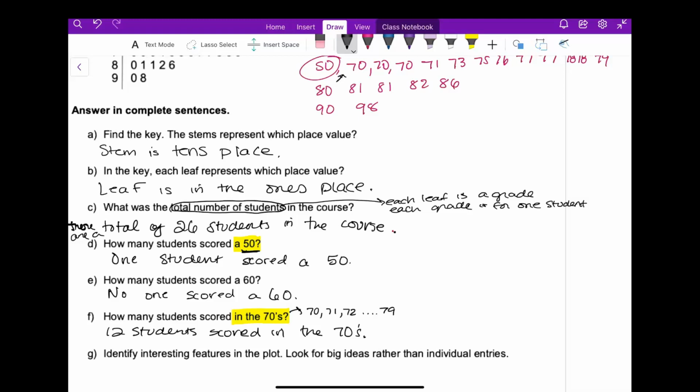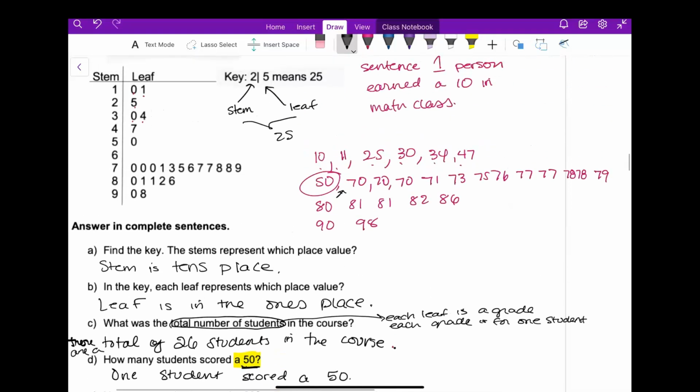So I would say most students in this course scored a what? 70, I think, right? I can see it's one of the biggest, I might even be tempted to call it a bar, if I'm looking at it this way.